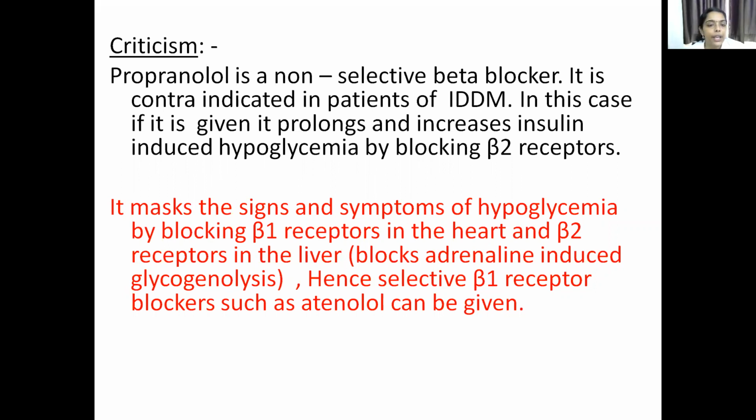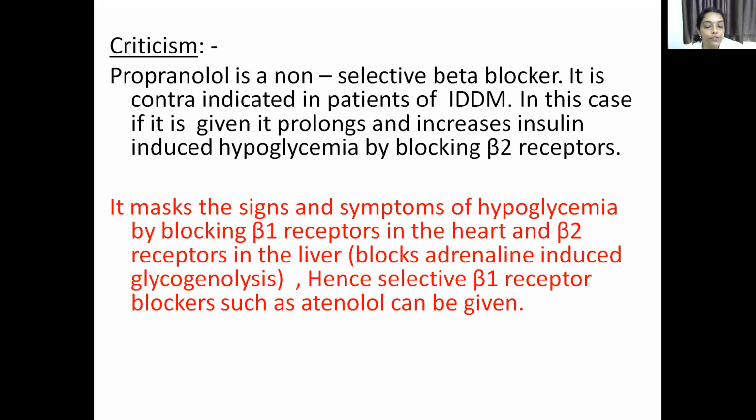It is written: it masks the signs and symptoms of hypoglycemia by blocking the beta 1 receptors in the heart and beta 2 receptors in the liver, because it blocks the adrenaline-induced glycogenolysis. Adrenaline acts on the beta 2 receptors in the liver and causes glycogenolysis to stimulate the release of glucose. So propranolol is blocking the beta 1 and beta 2 receptors.